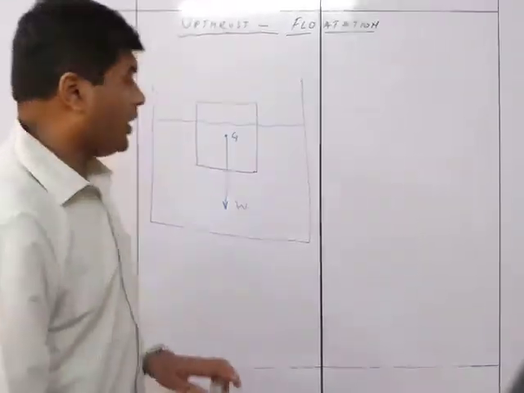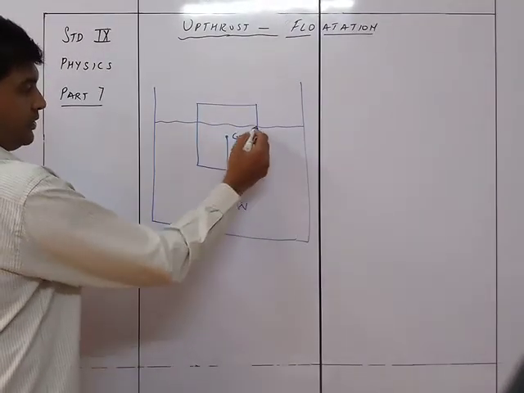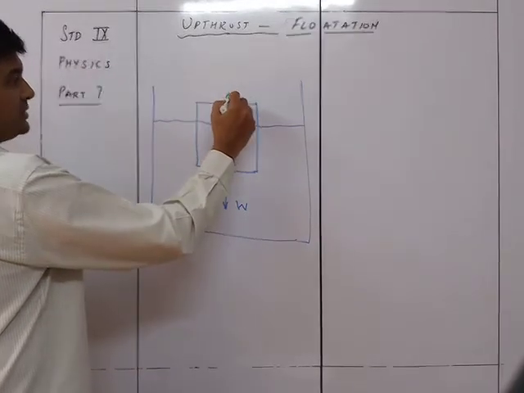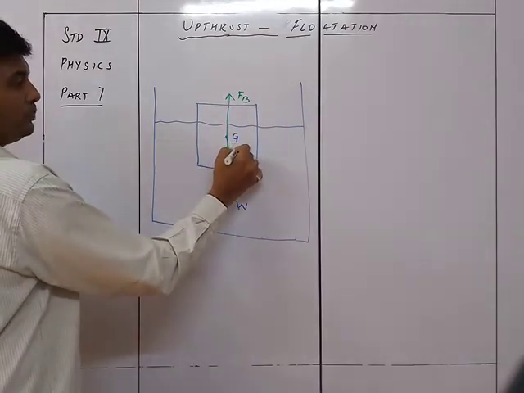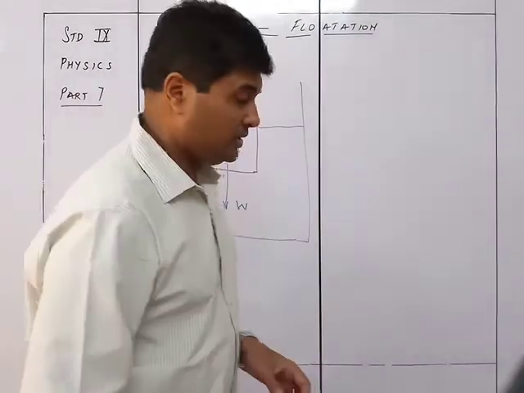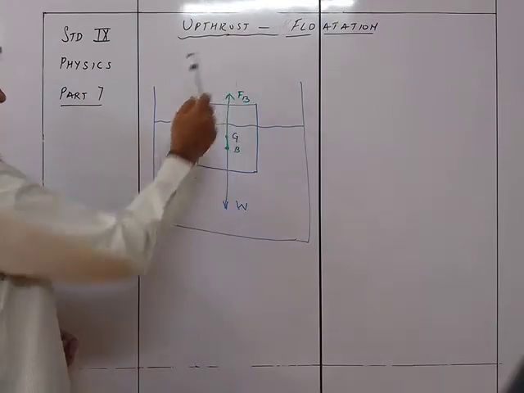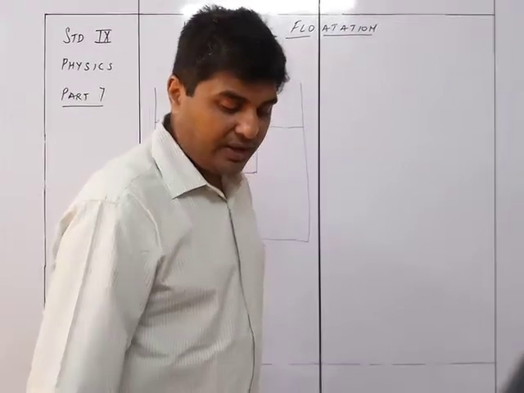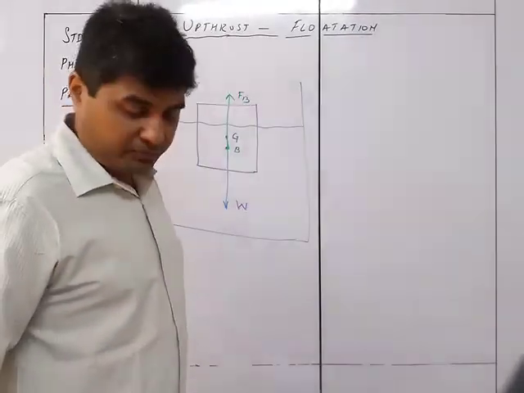The center of the displaced part, between this and this, is B, the center of buoyancy, where a force FB acts upwards. So W acts downwards at G, and FB acts upwards at B.